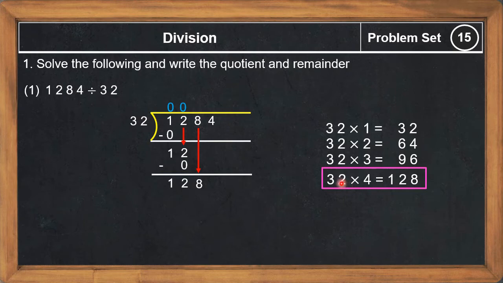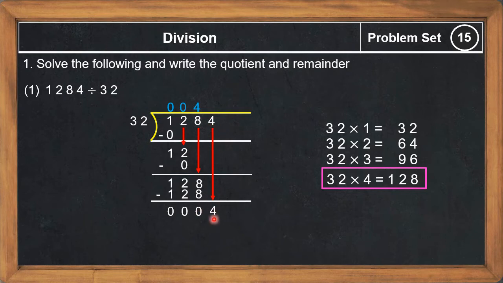Now, 32 fours are 128. So, we write 4 in the quotient and we subtract 128 from 128, which is equal to 0.